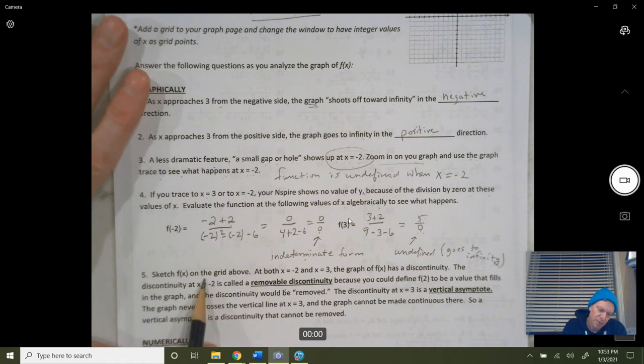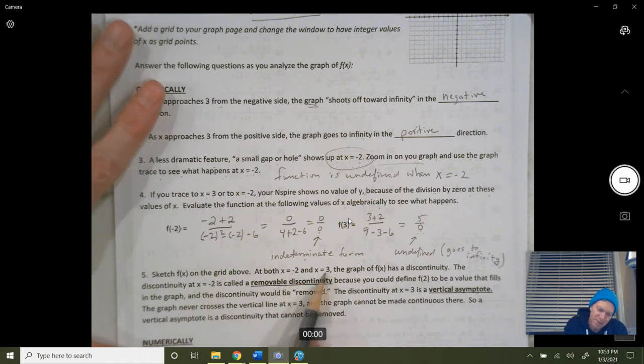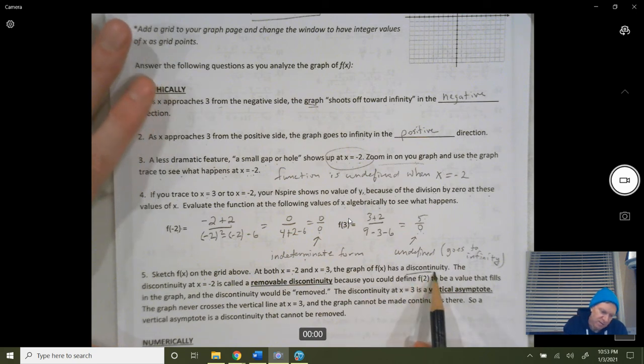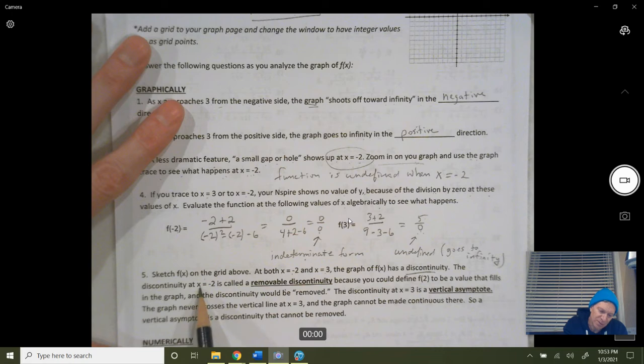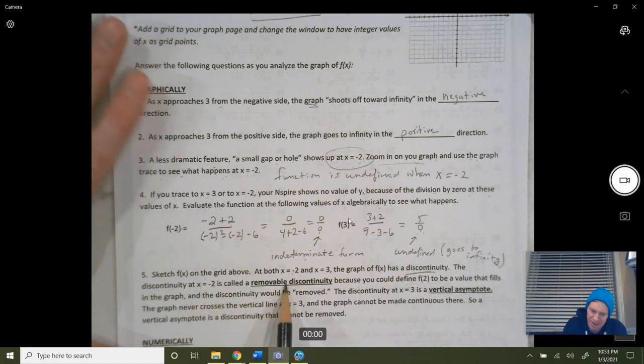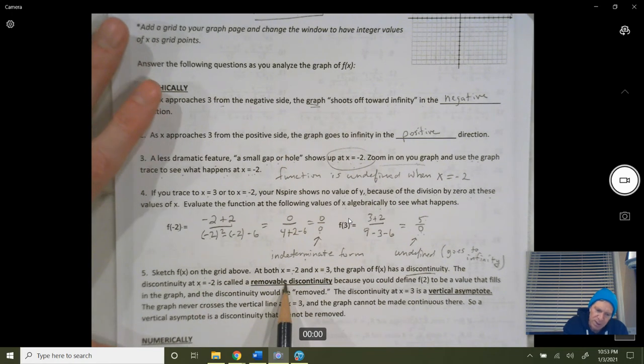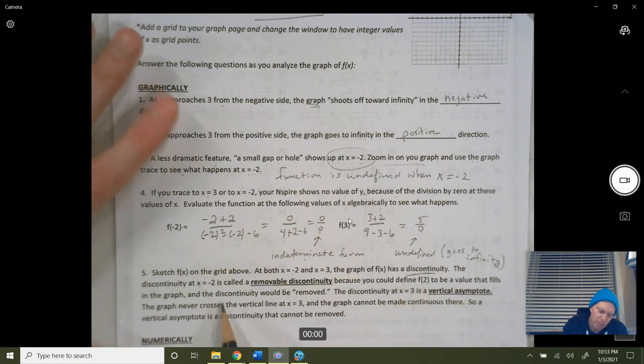Now, let's sketch the graph above. At both x equals -2 and x equals 3, the graph has a discontinuity, a value of x that makes your function undefined. The discontinuity at x equals -2 is called a removable discontinuity, okay? Because you could define f of -2 to be a value that fills in the graph, and I'll talk about that in a second.